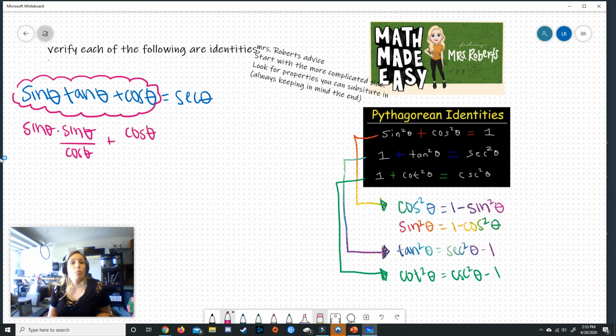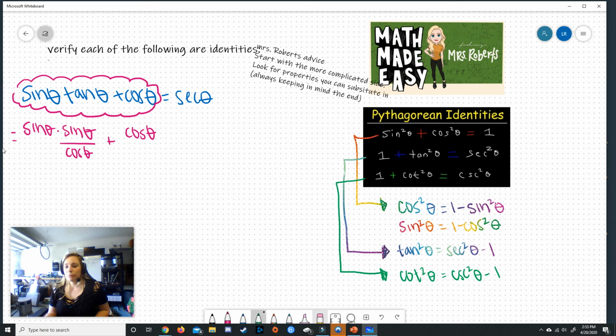And one thing hopefully you've noticed is I am very deliberate as to where I put these things. So sine and sine are in the numerator. This cosine's in the numerator. This cosine's in the denominator. So I'm very deliberate in where I put these things to make sure I know where things cancel out.